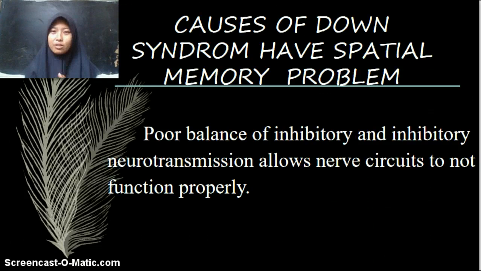The release of excitatory or inhibitory neurotransmitters takes place at the point of contact between neurons called synapses. The correct balance of the excitatory and inhibitory neurotransmitters makes it possible for the neural circuit to function properly.